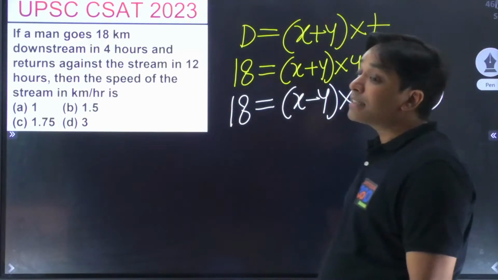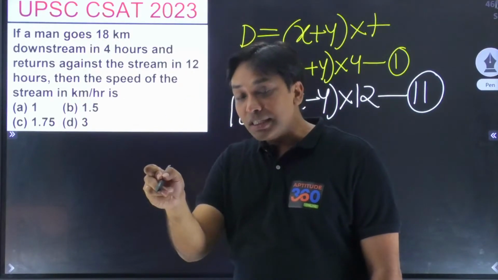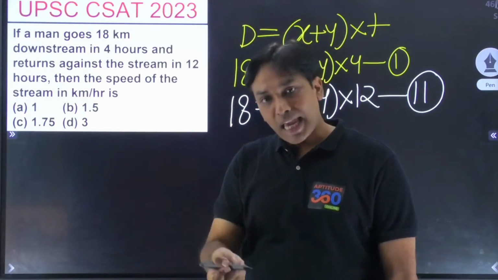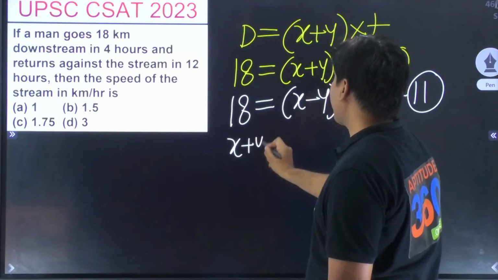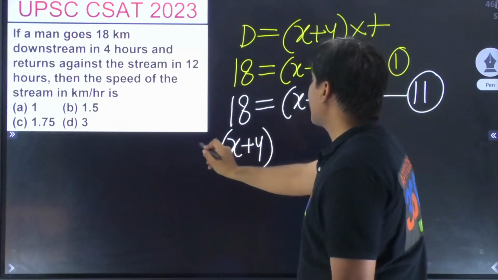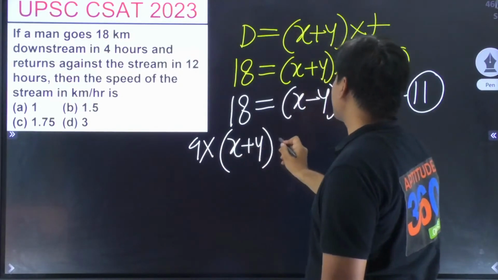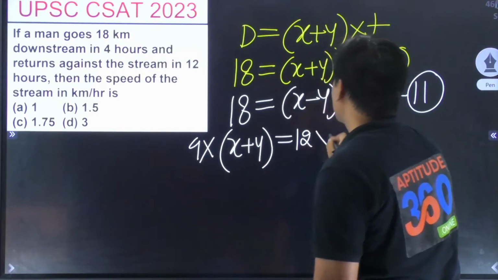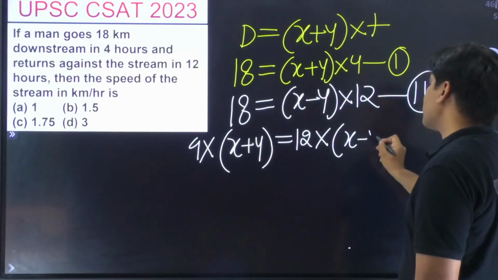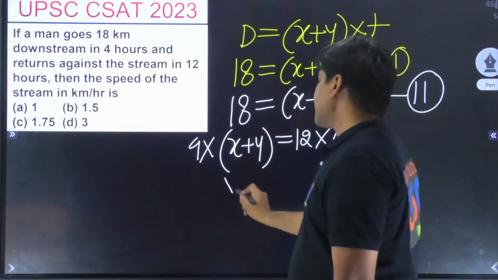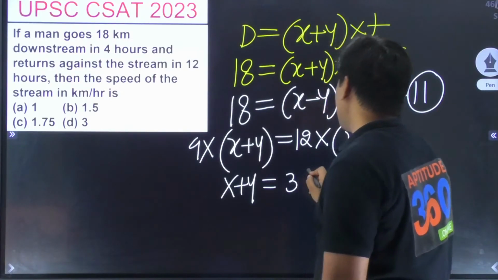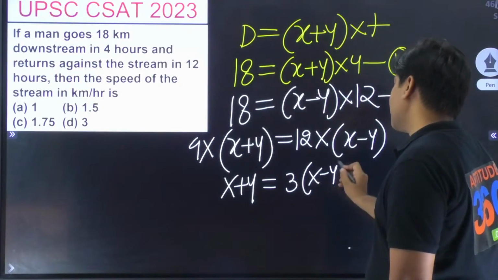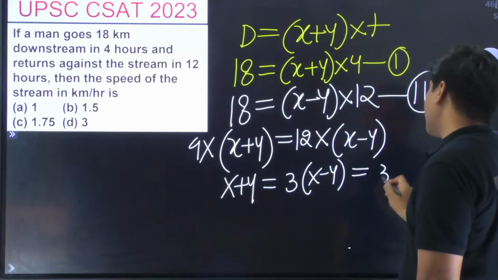And since the distances traveled are both the same, what will you do here? Four into this is 12 into x minus y. So x plus y comes out as 3 times x minus y, which is nothing but 3x minus 3y.